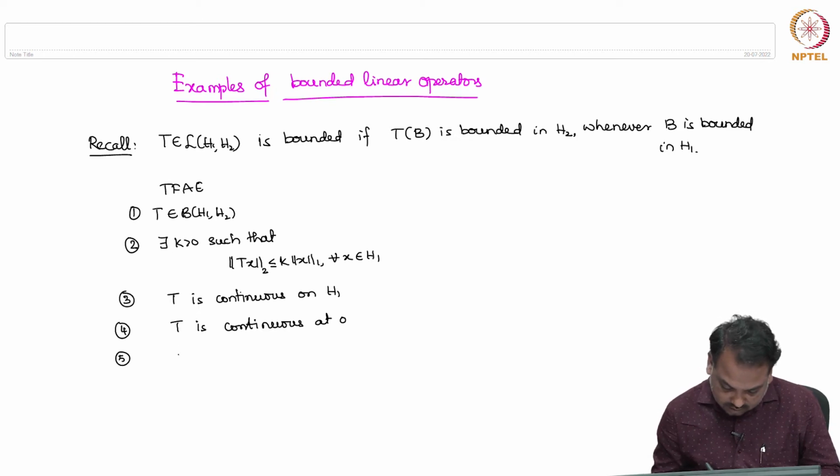And the fifth one is T is Lipschitz continuous.